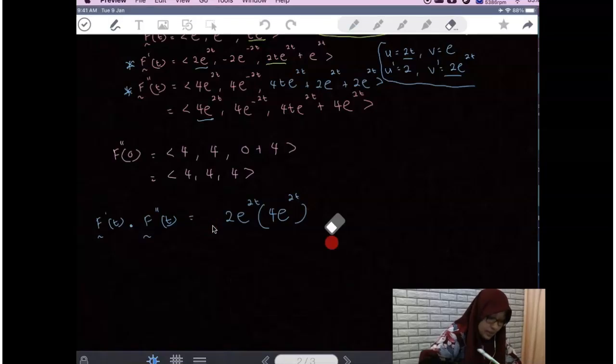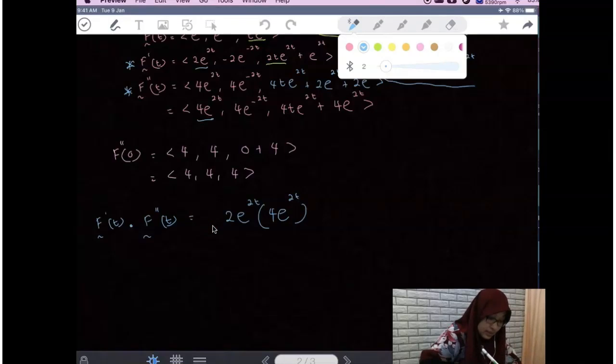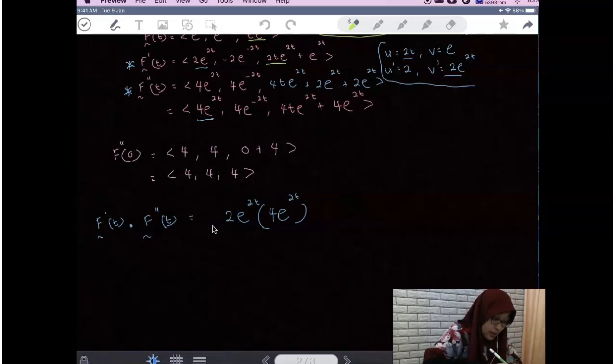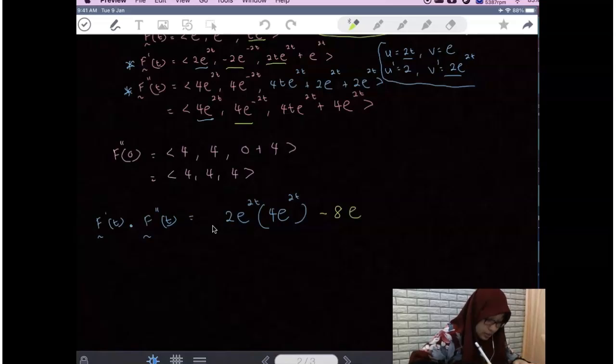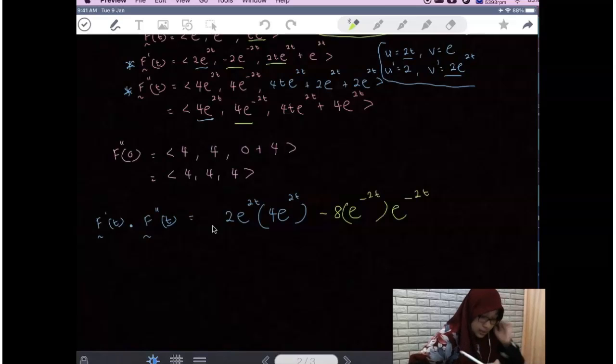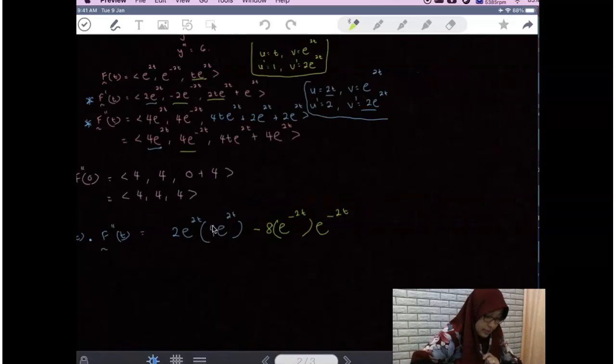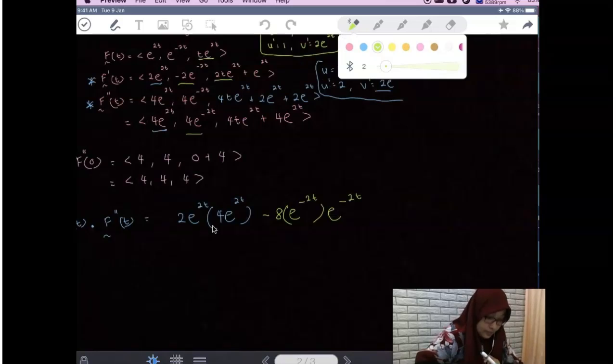Now we go to the second part, which is the y component. Multiplied, so minus 8 e to the minus 2t times e to the minus 2t. And then the third one belongs to z.